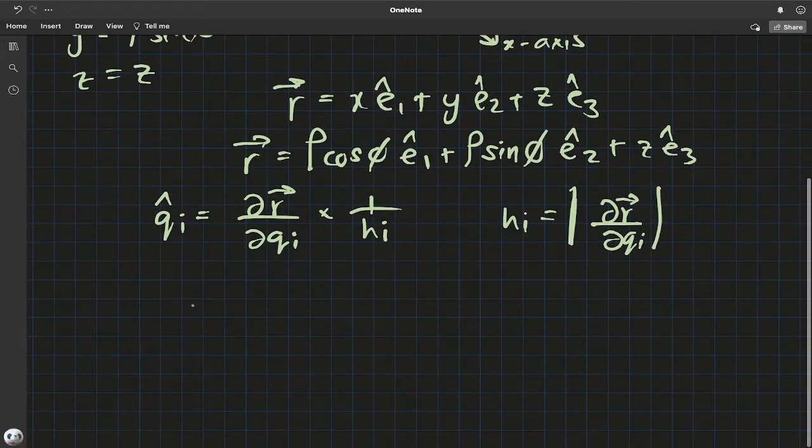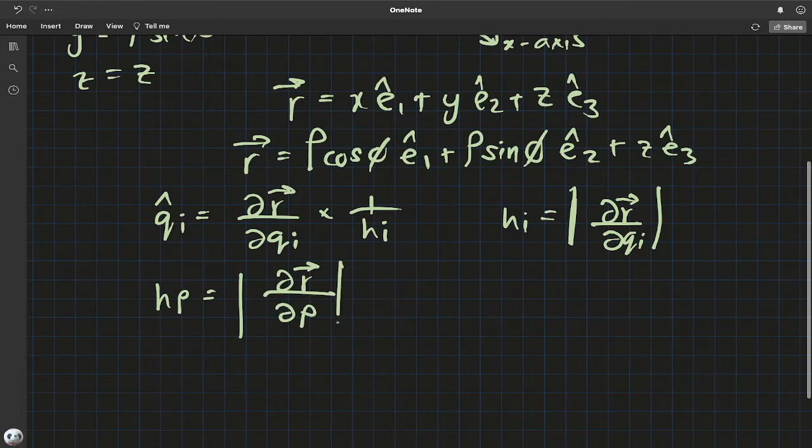Okay, so we can find h rho, which will be the magnitude of this. Well, we have r expressed where each x, y, and z are expressed in the cylindrical system, so we can differentiate with respect to this rho.